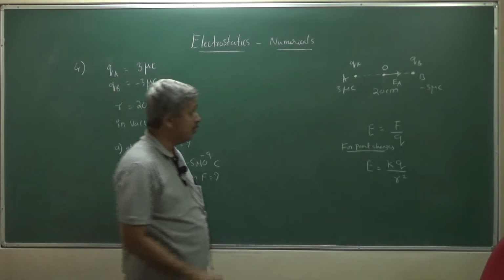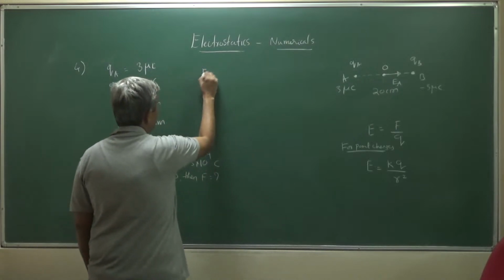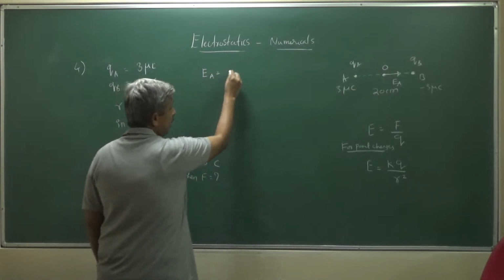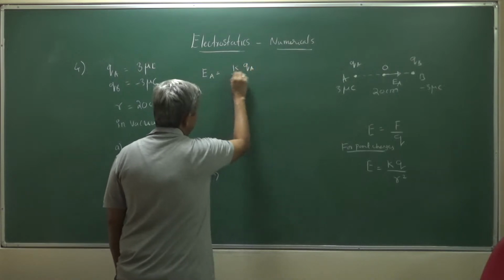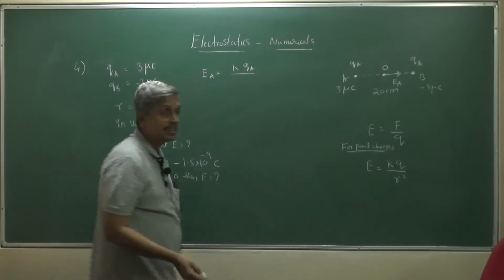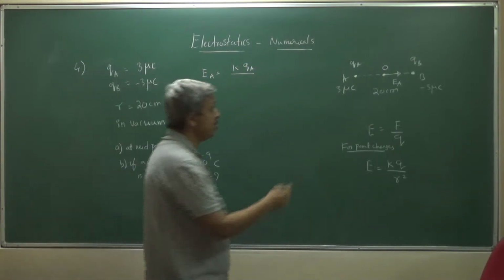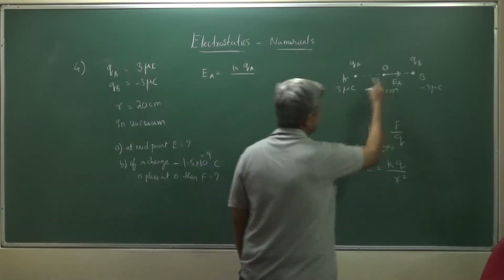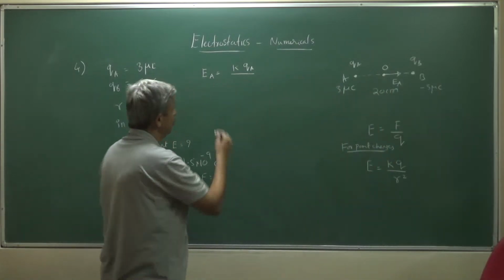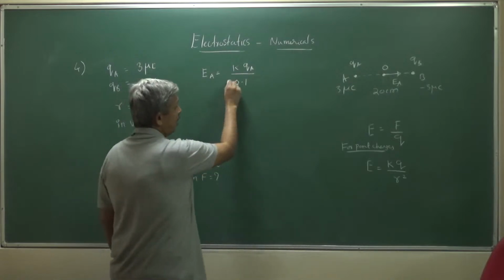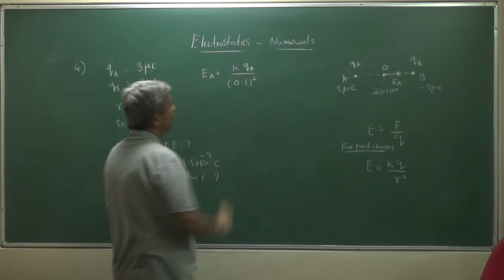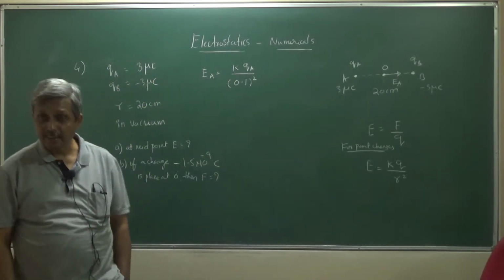Its value is given by EA is equal to K into 2A by the distance squared. Distance is how much? From here to here is 20 centimeters, from here to here is 10 centimeters. So 10 centimeters means 0.1 meter, squared. Correct?